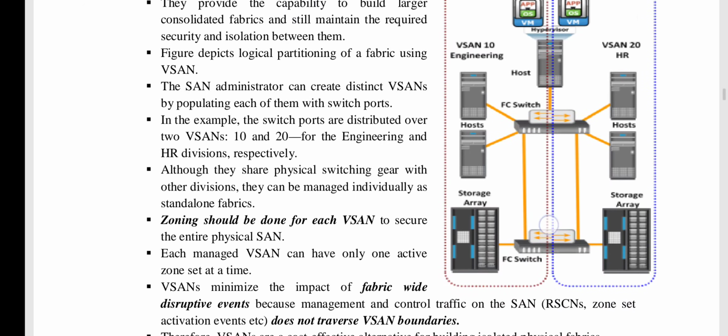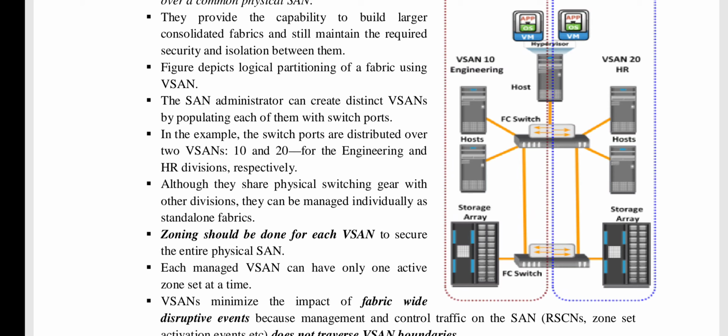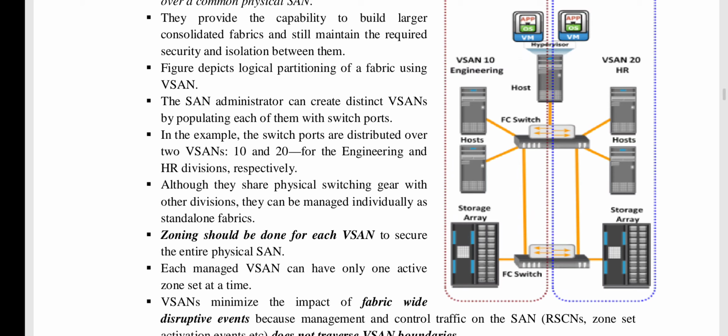You can see vSAN 10 and vSAN 20. 10 is for engineering and 20 is HR, and the host over here has the logical hypervisor. These vSAN 10 and 20 are connected by an FC switch, and the storage array is connected to the FC switches.